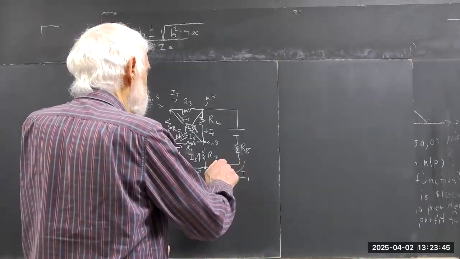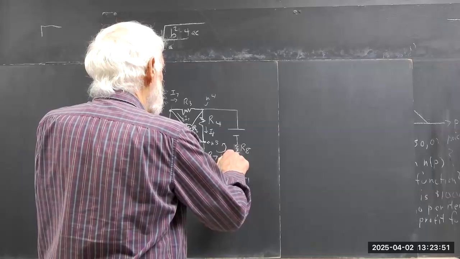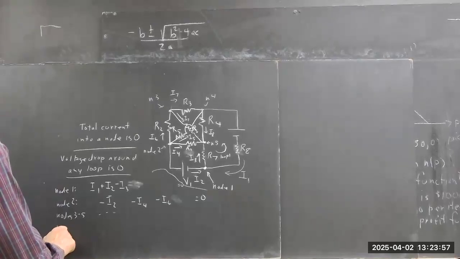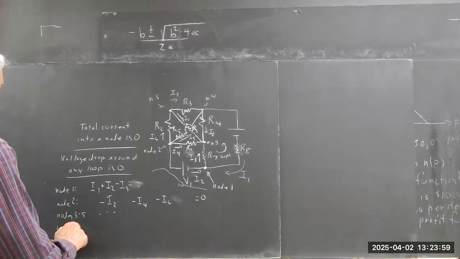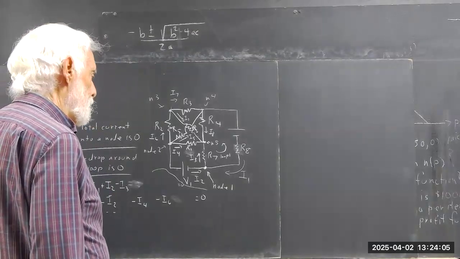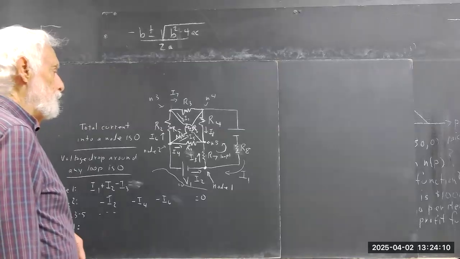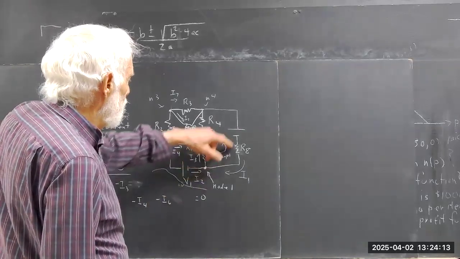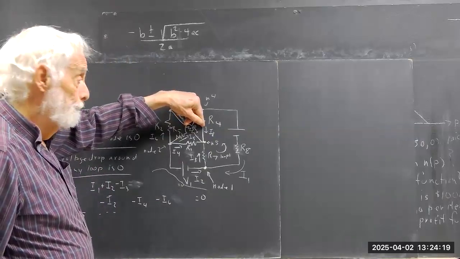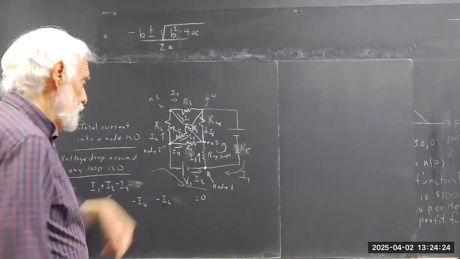So I'm going to say loop one. My voltage drops. Well, I'm going this way. So as I go here, my voltage drop from I8 would be positive, right? It'd be I8 times R4. So I could do that.